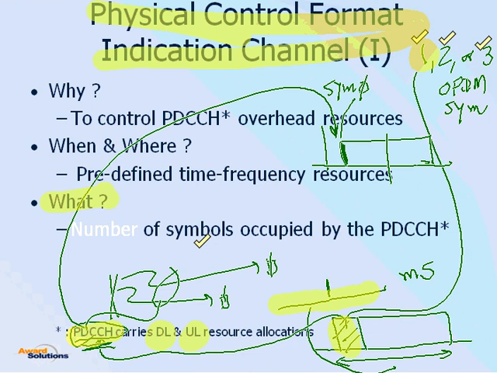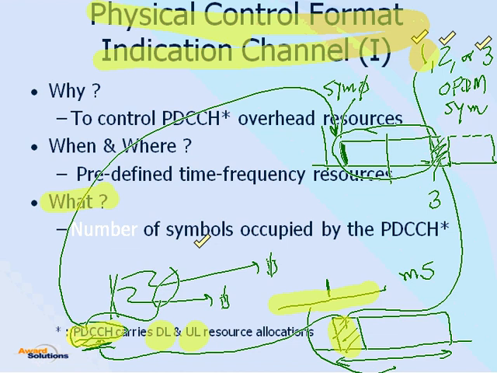So from one subframe to the next subframe, we can have different answers. Maybe right now the control channel occupies only one symbol, but it is possible that in the next subframe, the control channel will consume maybe 3 symbols. Let me ask you a very simple question.